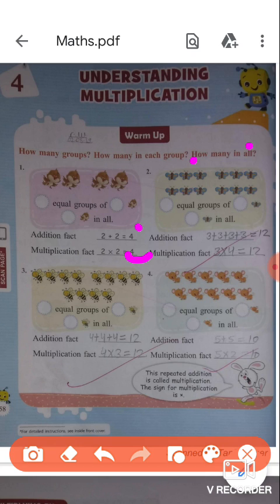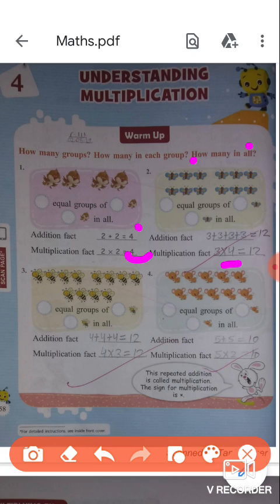So in the addition fact, you can write 3 plus 3 plus 3 plus 3 equals 12. It means you have to add 3 four times. Then you get 12. Multiplication fact, 3 multiplied by 4 equals 12.